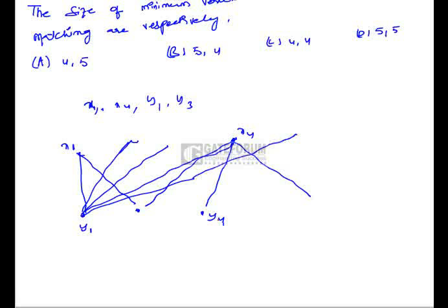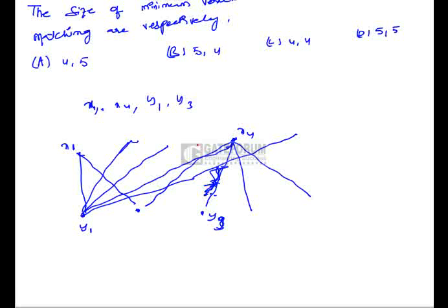Here this is not y4, this is y3. So if you take vertex x4, the edges covered will be x4, y4. We should not take this edge x4, y3. There is no edge from x4 to y3. So this is not there.